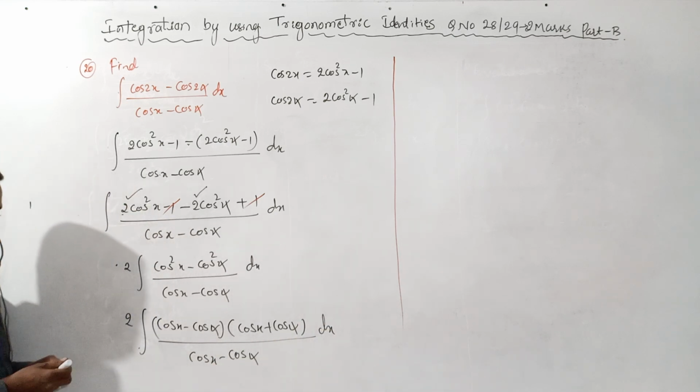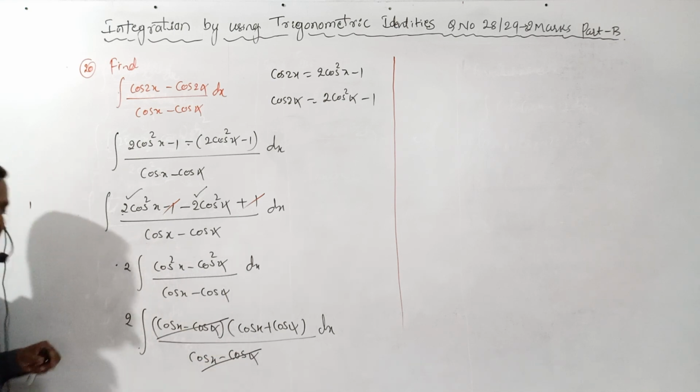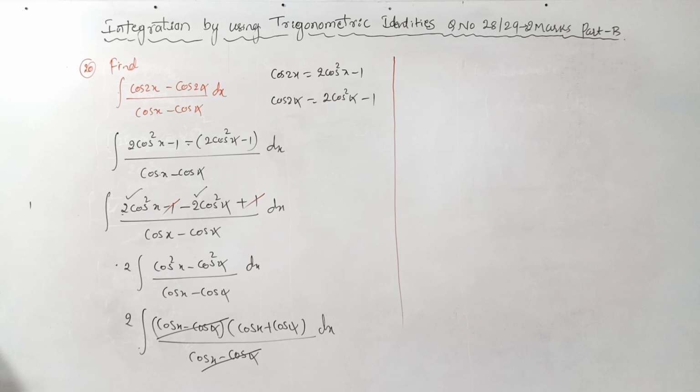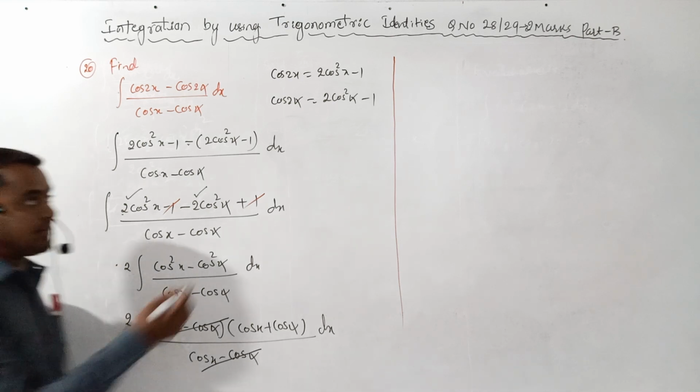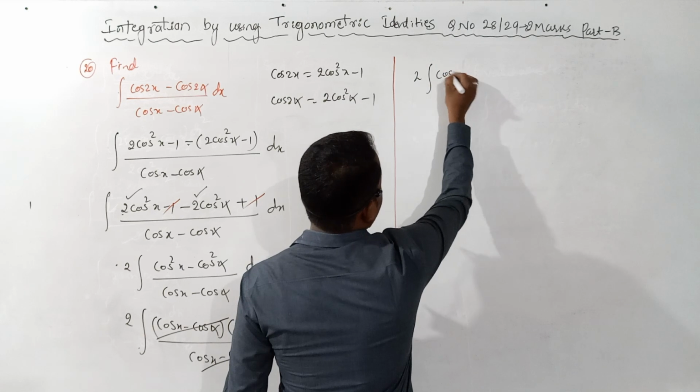Now cos x minus cos alpha gets cancelled. Next step I am writing here: 2 into integration of cos x dx.